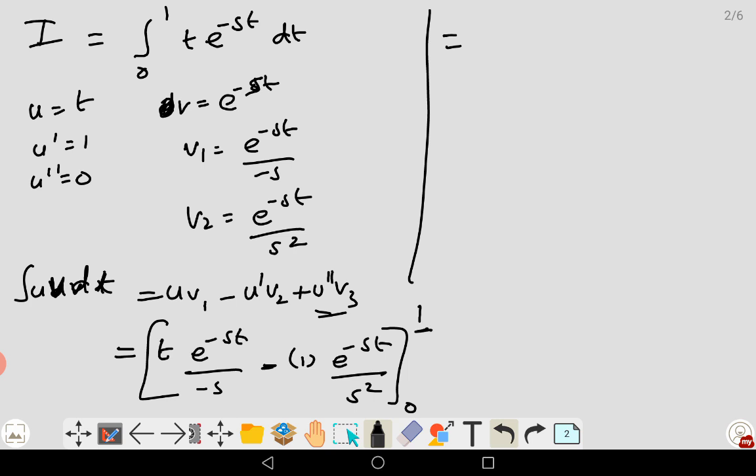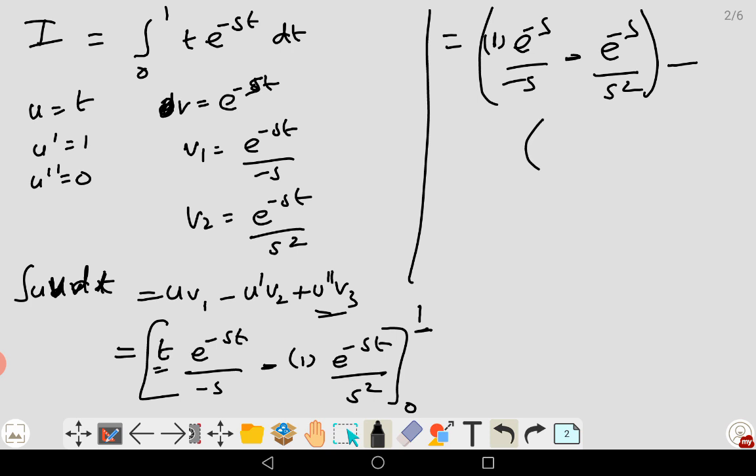Upper limit t equals 1: 1 times e raised to minus s over minus s, minus e raised to minus s over s square. Upper limit is done. Minus the lower limit: when t is 0, the first term will be 0, minus again t is 0, 1 over s square.